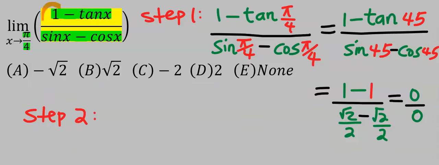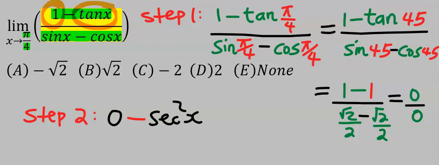That is, differentiate 1, and we're going to get 0. Next, we're going to differentiate tan x, and we're going to have sec squared x. Next, we're going to differentiate sine x, and we're going to get cos x.